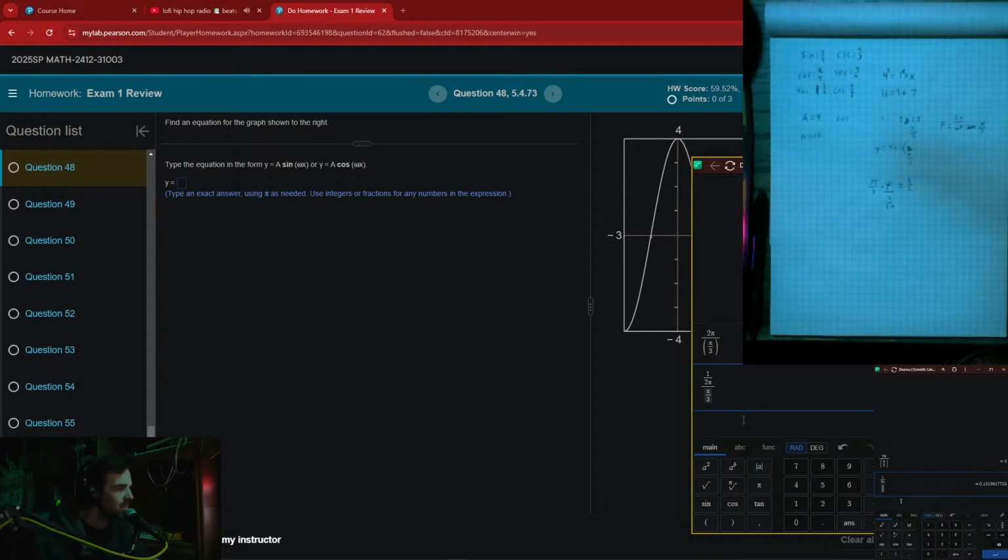Wait, I guess I could just find the value by doing pi over 3 times 3 over 2, and then write this as a fraction. But it won't show me as a fraction. How about 1?